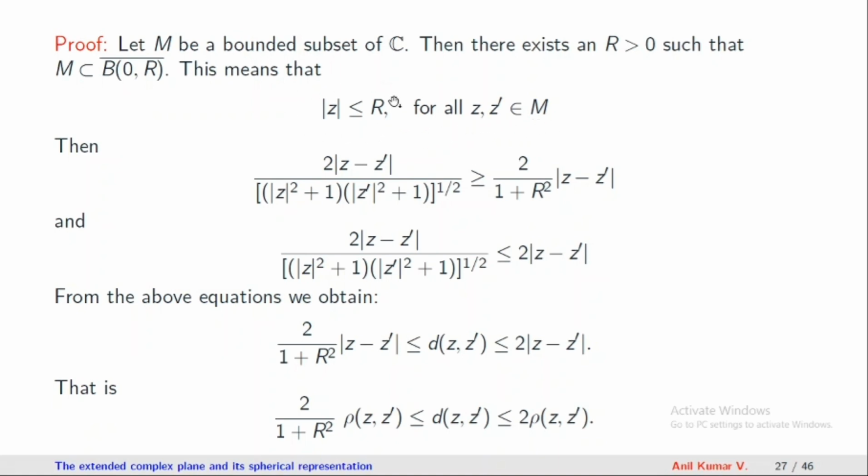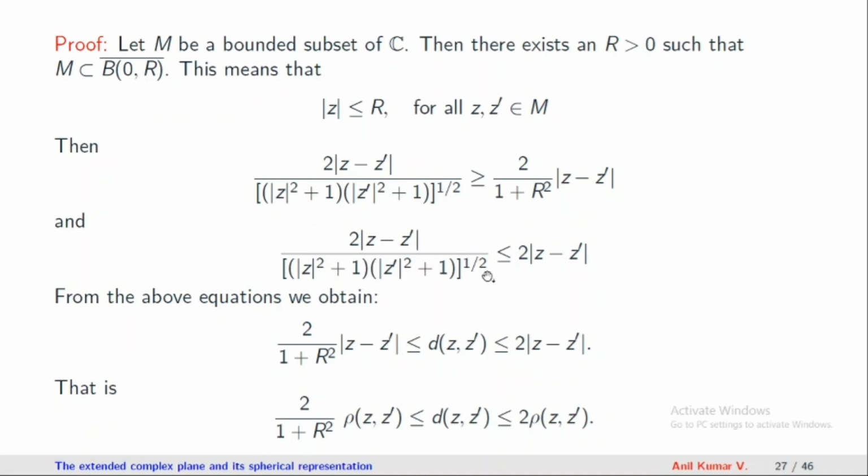So since mod z is less than or equal to r, we have mod z squared plus 1 is less than or equal to r squared plus 1. Therefore, this term is greater than or equal to 2 divided by 1 plus r squared into mod z minus z prime. Also, this expression is less than or equal to, but mod z minus z prime divided by this term is always less than 1.